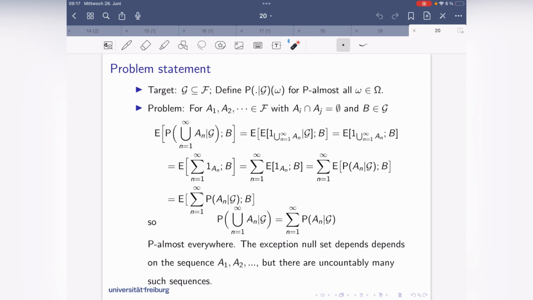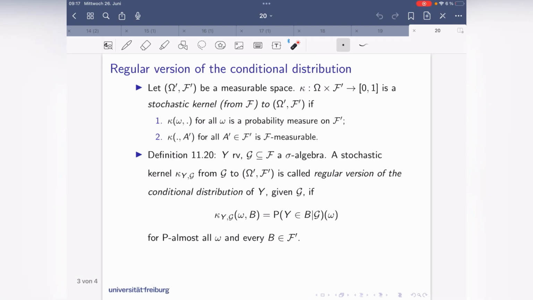But here I would have an uncountable set of null sets and their union doesn't have to be a null set anymore. So that's the problem we would like to solve with this regular version of the conditional probability. So we'd still like to have that we can make sense of this, that for P almost all omega, this here is a proper probability distribution.